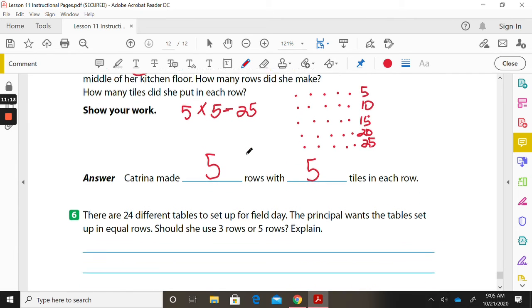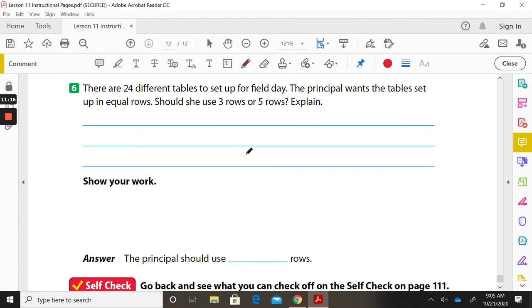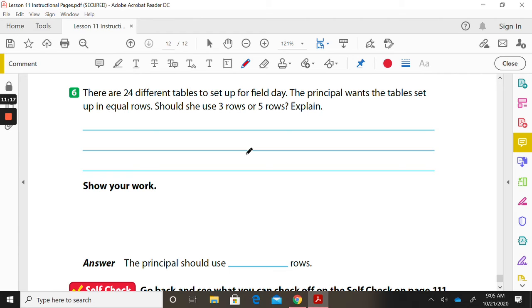Number 6. There are 24 different tables set up for field day. The principal wants the tables set up in equal rows. Should she use 3 rows or 5 rows, and explain? Well, let's look at our numbers. I've got 24 here, and she's asking if she should use 3 rows or 5 rows. Now let's think about the question we just completed.